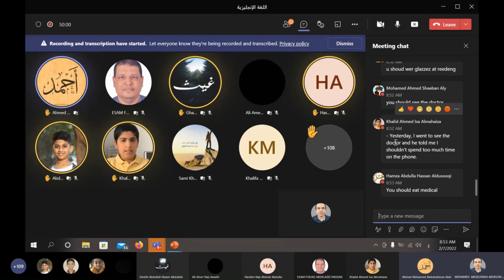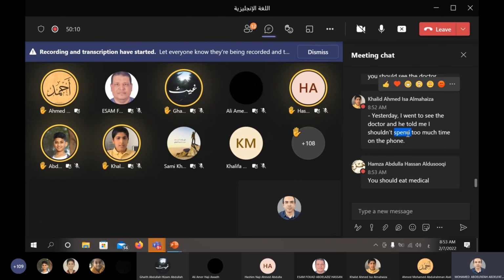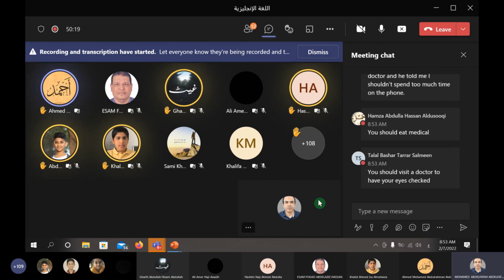Hamza says, students, look here. Khalid started with a capital letter. He put a full stop at the end and he used the infinitive verb after shouldn't. He said shouldn't spend. Bravo, Khalid. No mistake. Good. Hamza, this is Ahmed or Abdullah? Ahmed.